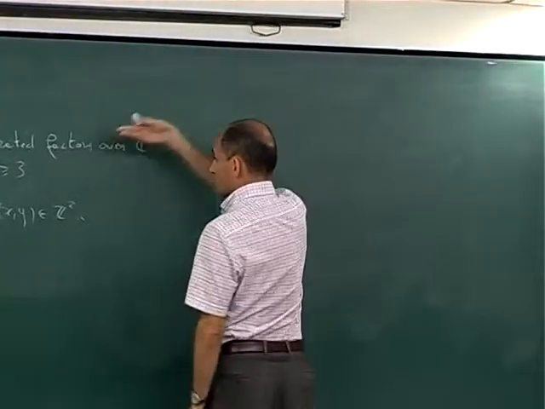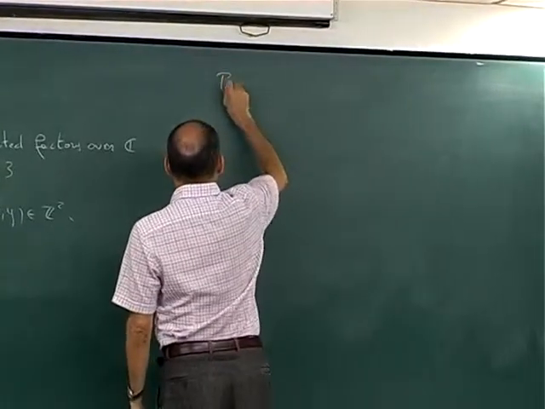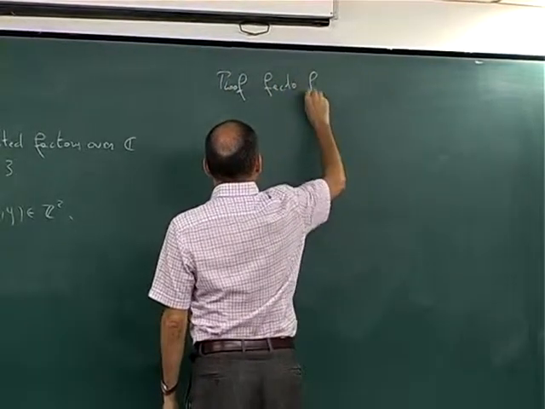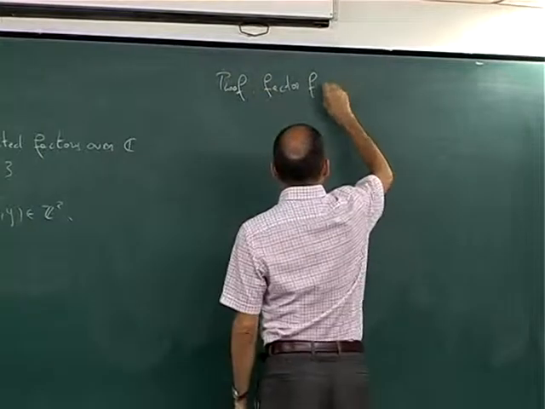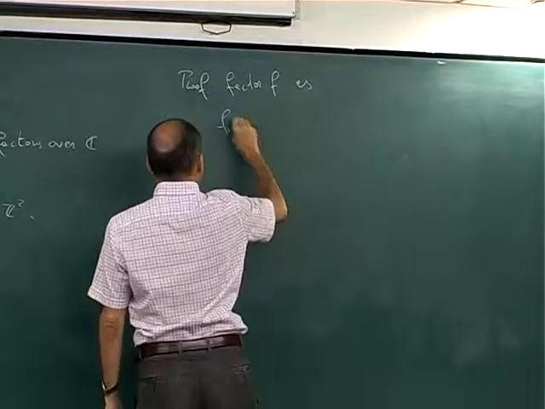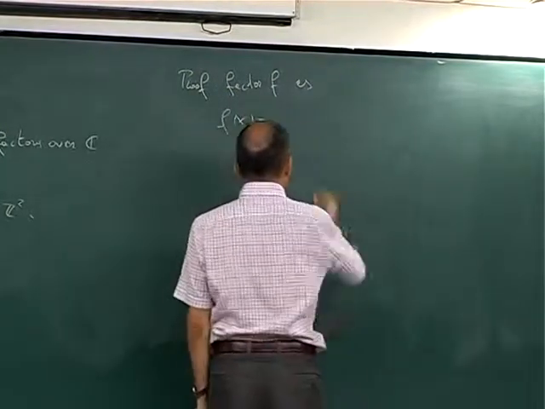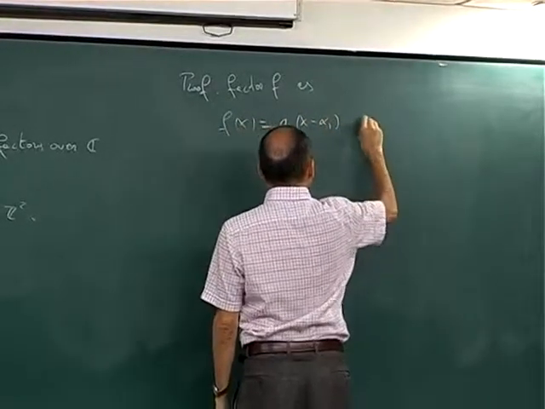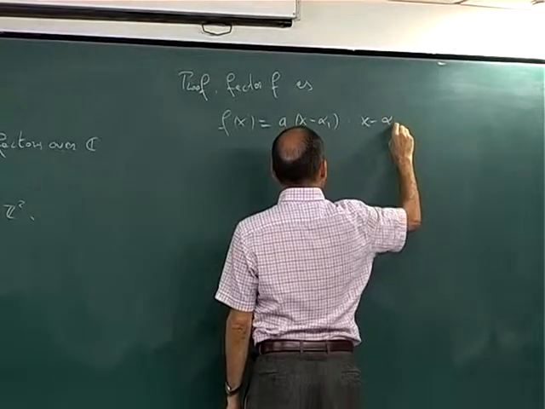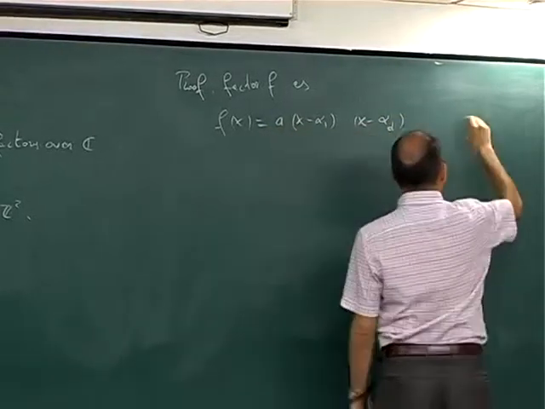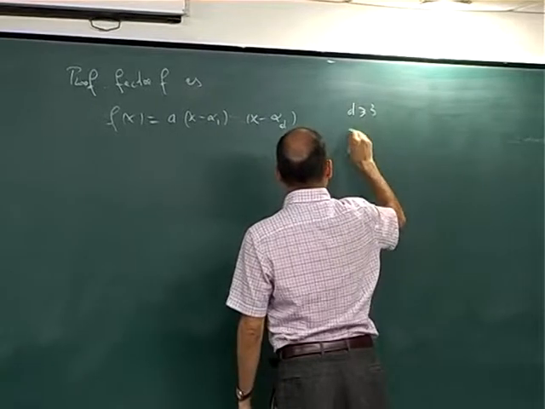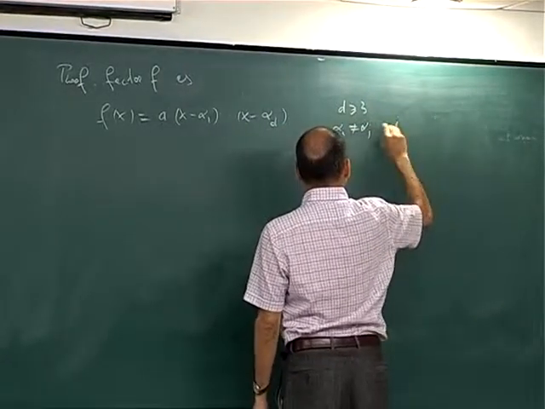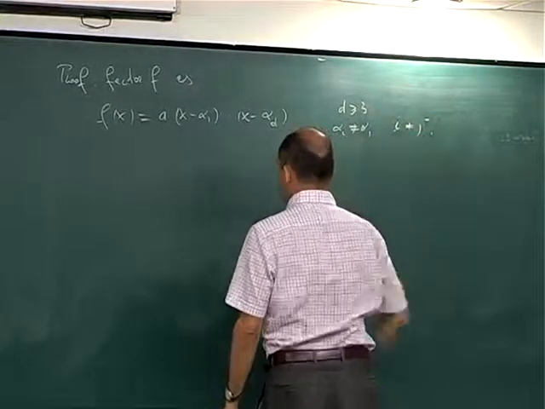The idea was that we factor f as a constant times (x minus alpha 1) ... (x minus alpha d). D is at least 3, and alpha i is distinct from alpha j for i distinct from j.